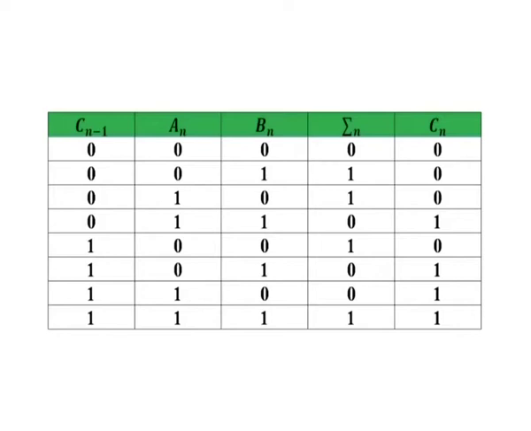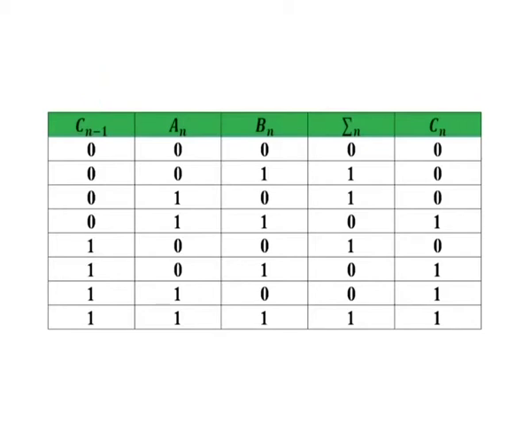On some data sheets, truth tables may be called function tables or functional truth tables. The subscript n represents the adder bits and can be 1, 2, 3 or 4 for a 4-bit adder. Cn minus 1 is the carry from the previous adder. Carries C1, C2 and C3 are generated internally.